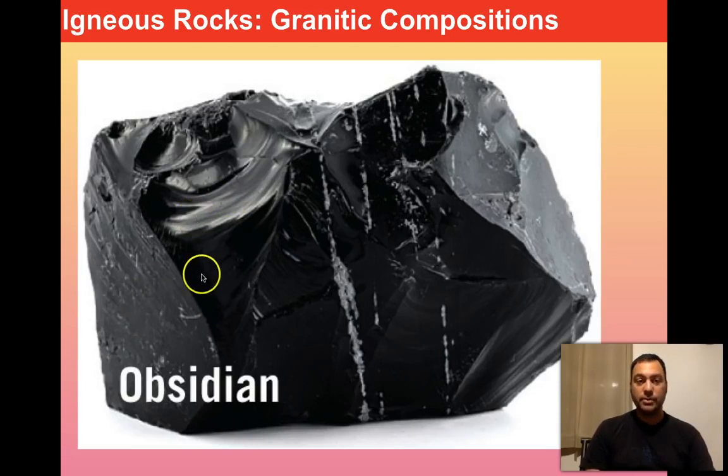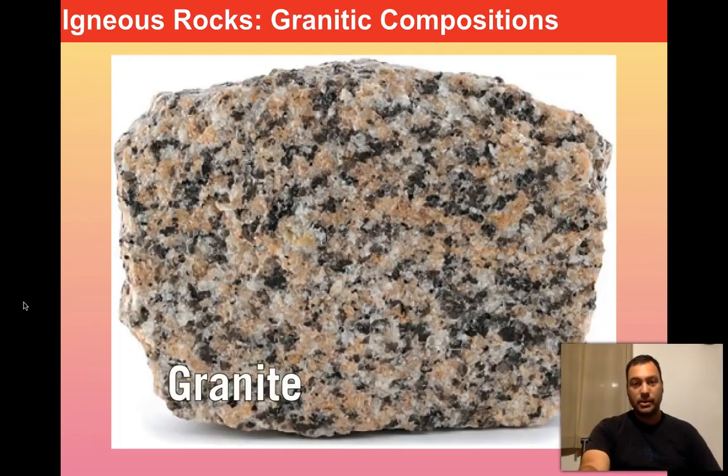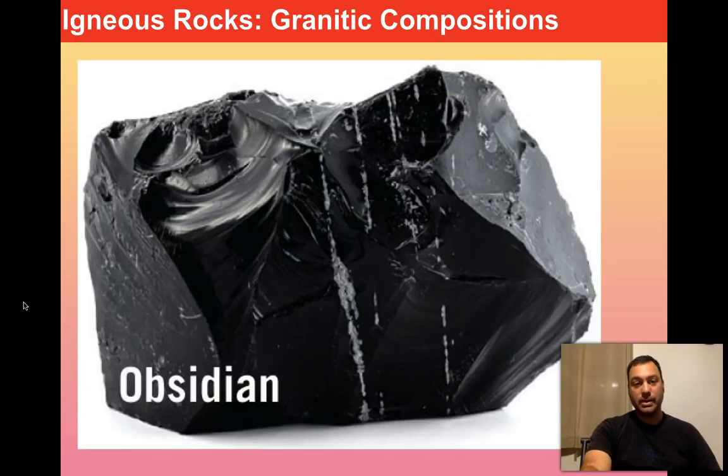It can be a little challenging from time to time to figure out whether it's granitic or whether it's basaltic or whatever because it's all glass no matter where you look. You have to do some chemistry to figure that out. But nonetheless, it's kind of cool to think that this rock and that rock have exactly the same chemistry. They just have different crystal sizes, or as I like to say, no crystals in obsidian at all.